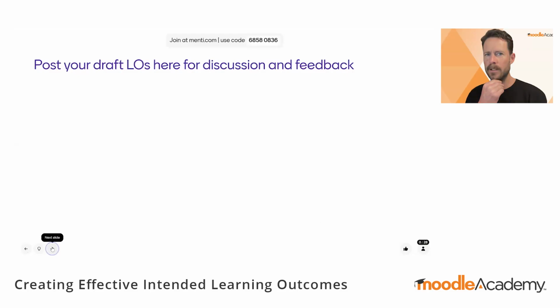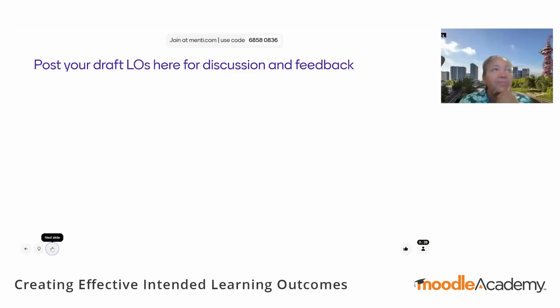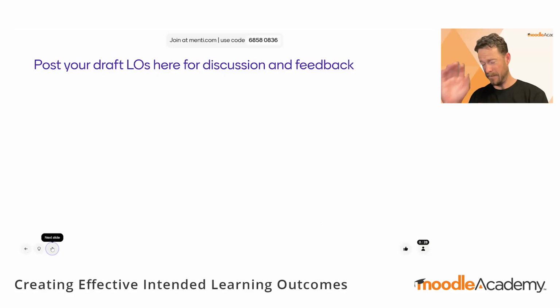Karen, just while we're waiting on everyone to put their responses in, there was just one question in the chat, and I'm assuming I've understood it after misunderstanding it initially. It's a question about, is there a list of active verbs that are especially useful for describing tasks or activities in online courses, so specifically in online courses?